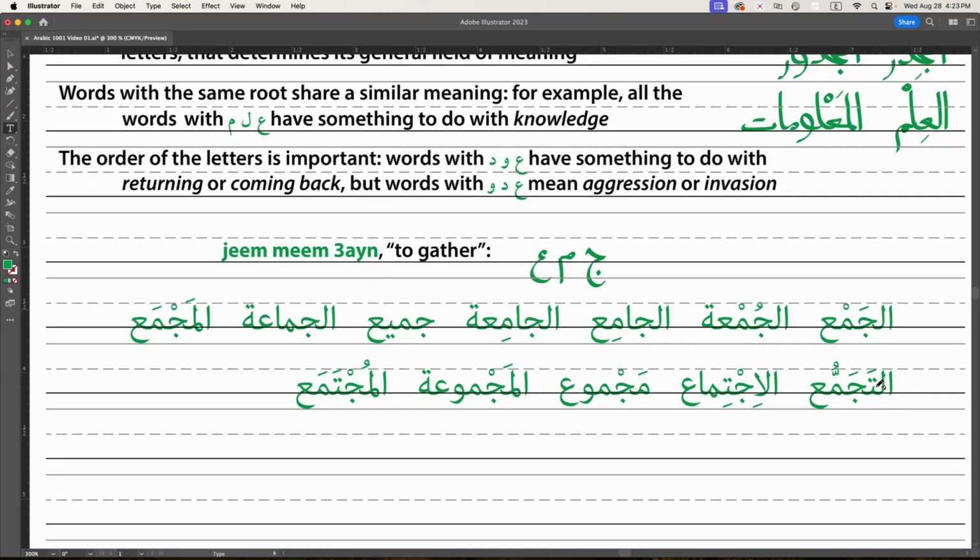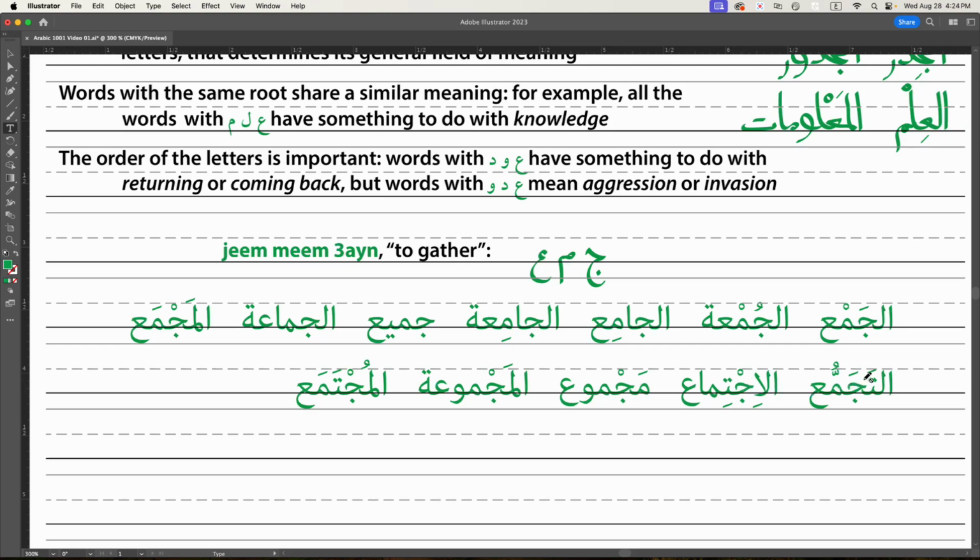So at-tajammu' is gathering, but in the sense of people spontaneously gathering, like, oh, the weather was lovely, so people gathered in the park and had picnics and flew kites and whatever it is one does in a park, for example. But an ijtima' is a meeting, something that had a schedule and a time and a place and so forth. So a gathering much more on purpose than this, which is kind of like a spontaneous gathering.